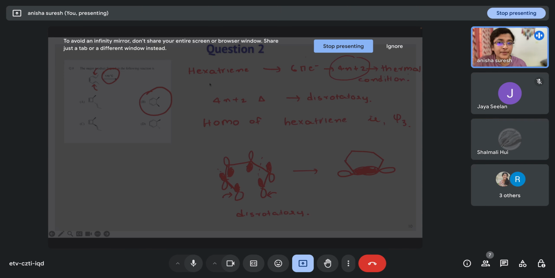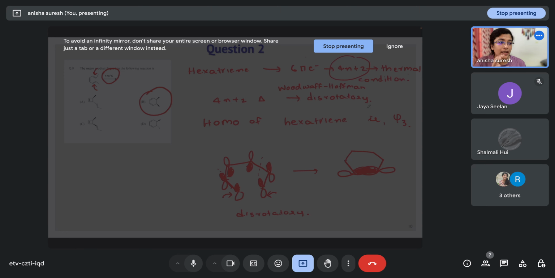So this is the concept. In case of hexatriene, it is a 6 pi electron system. So it will come under 4n plus 2. And here it is 170 degrees Celsius mentioned. So it will be thermal condition. So in case of 4n plus 2 delta, according to Woodward-Hoffmann rule, it will follow disrotatory mode of reaction.